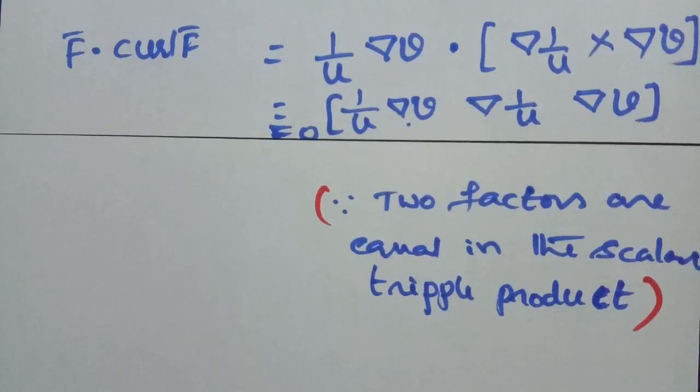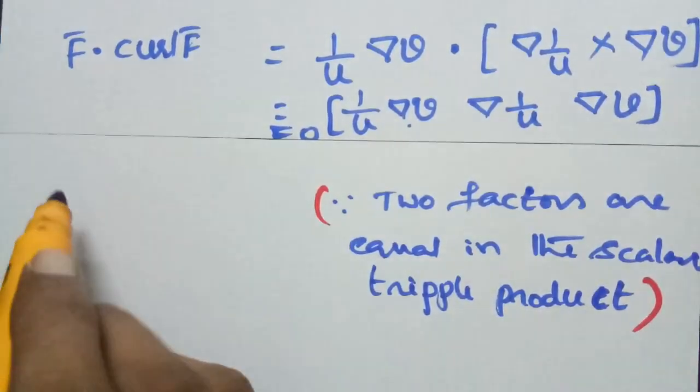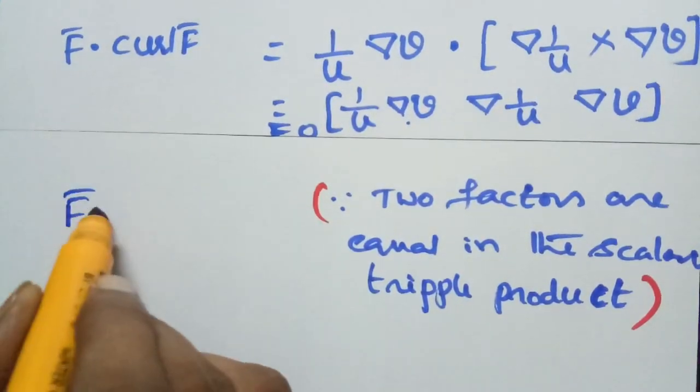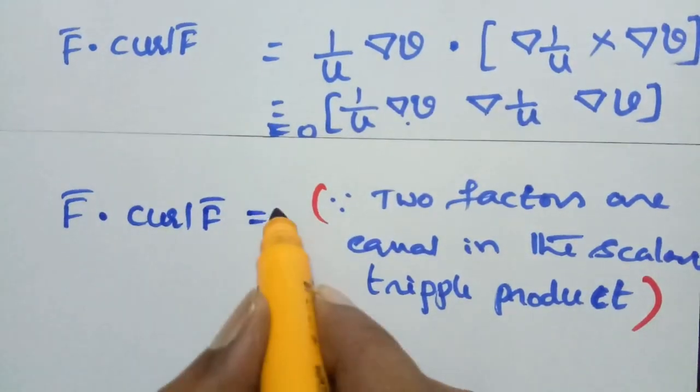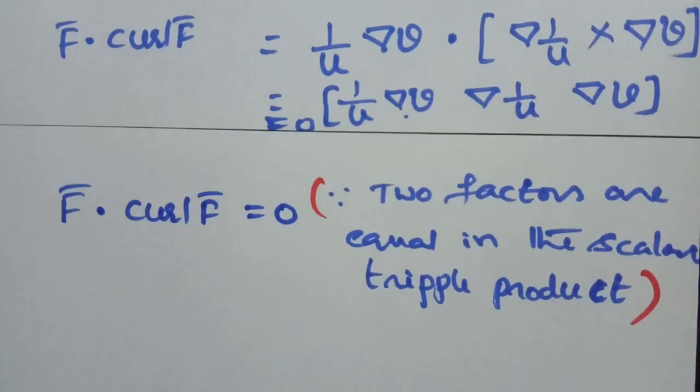Therefore, F bar dot curl F bar is equal to 0.